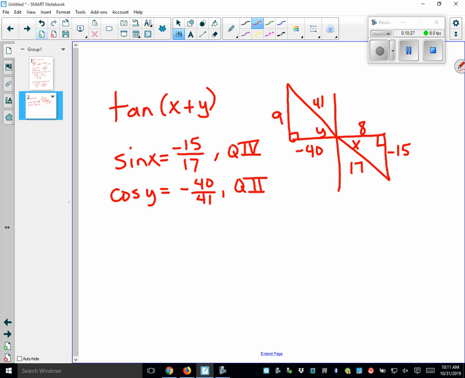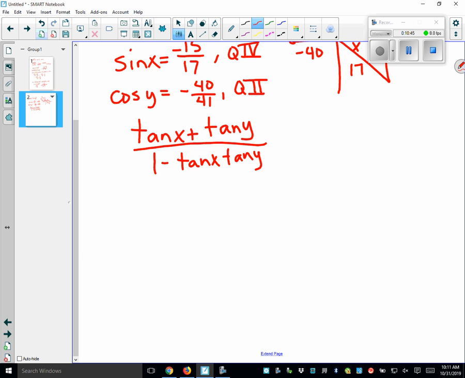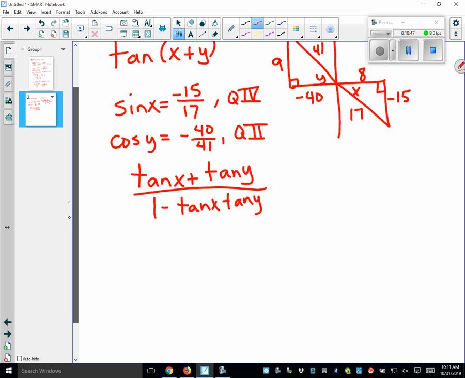Do you know the formula for tangent of x plus y? It is tan x plus tan y over 1 minus tan x tan y. What's tan x?